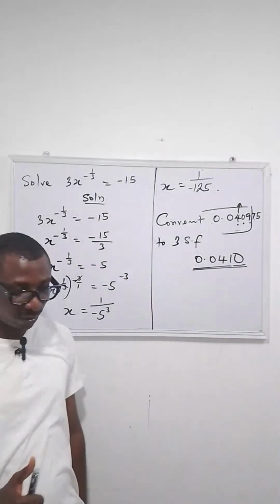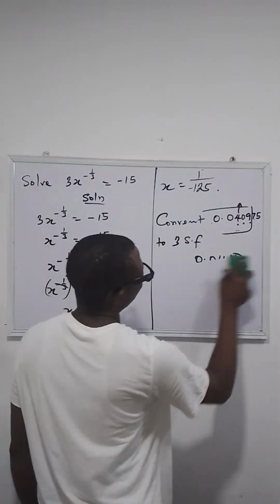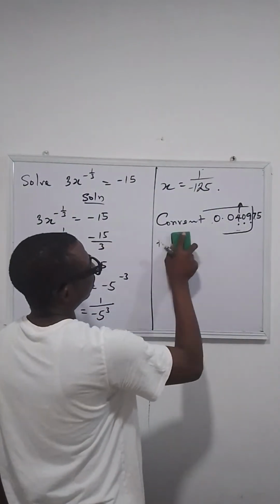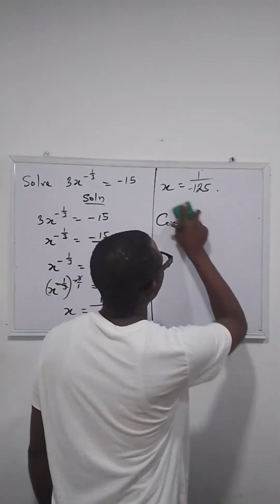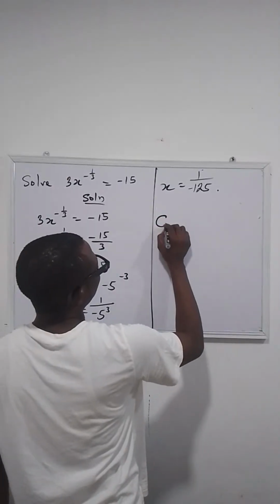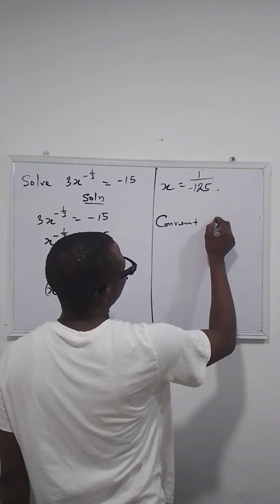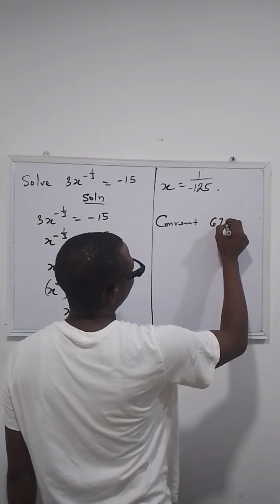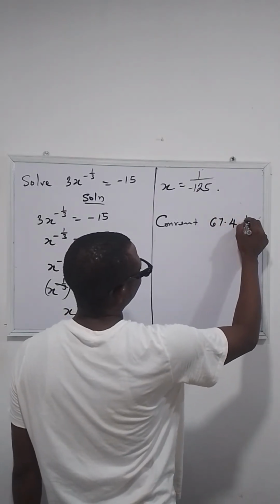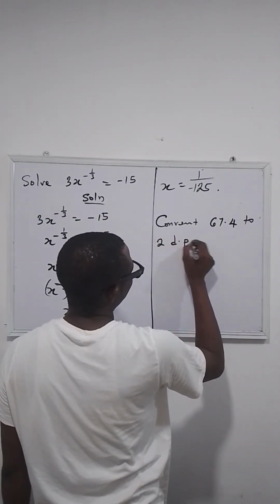So I want to believe you all understand that. Okay. So the last one on this, convert 67.4 to 2 decimal places.